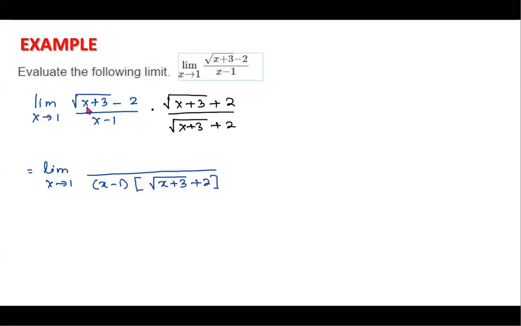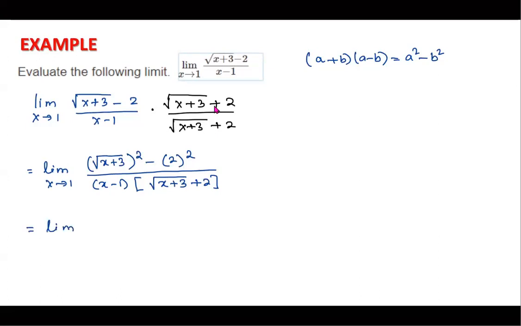And when you look at the numerator now, the first one is the same as first, the second one is the same as second, and then we have a minus and plus. So if you remember that factoring formula again, a plus b times a minus b is a squared minus b squared. So we'll follow that. The first quantity a squared, that is square root of x plus 3 squared, minus b squared, that is 2 squared.